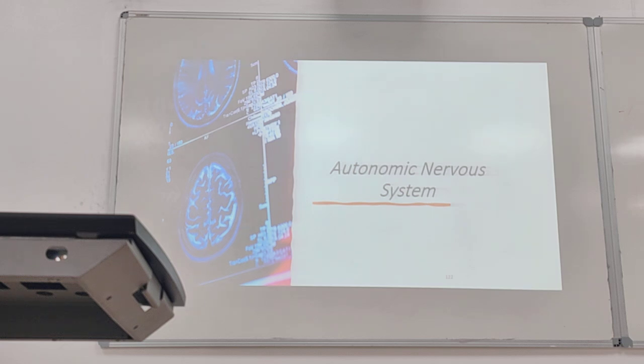Now my blood pressure increases. Which system will increase my blood pressure? Sympathetic. Which system will increase my heart rate? Sympathetic. Which system will increase my digestion? Parasympathetic. Which system will stop me from passing urine? Listen.